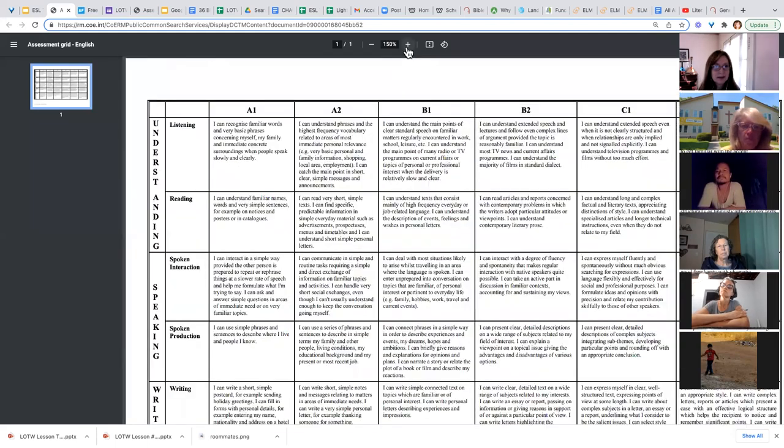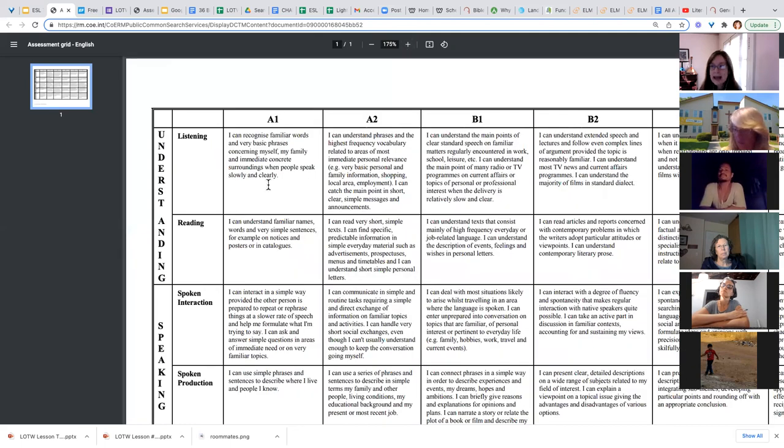So for example, at the A1 level, students can recognize familiar words and very basic phrases about themselves, their family, their surroundings, when people speak slowly and clearly. So that's our goal. By the end of the A1 level, they should be able to do that. Okay. And that's the listening.